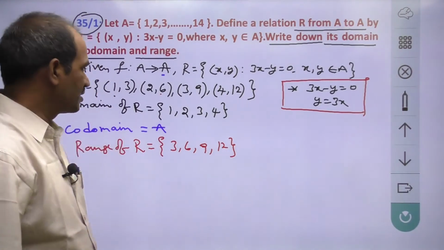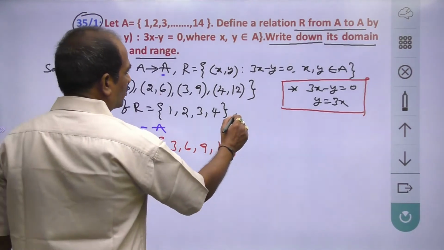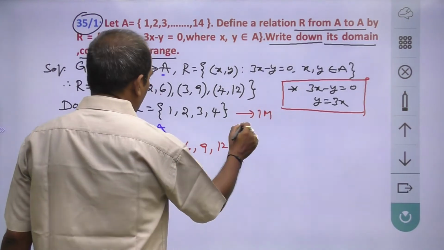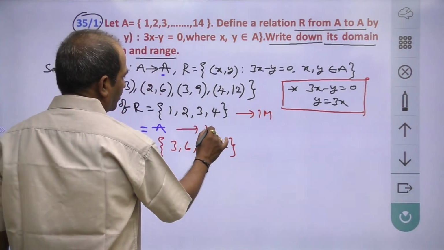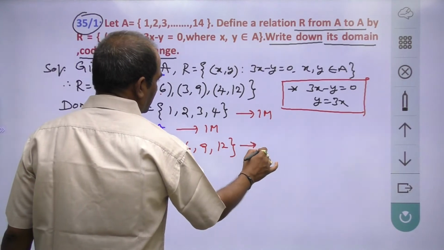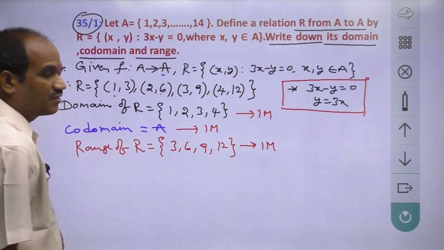See here, first write the domain, given 1 mark. Next, write the codomain, given 1 mark. Next, write the range, given 1 mark. Three steps, 3 marks.